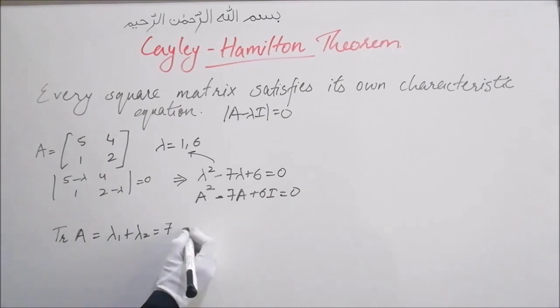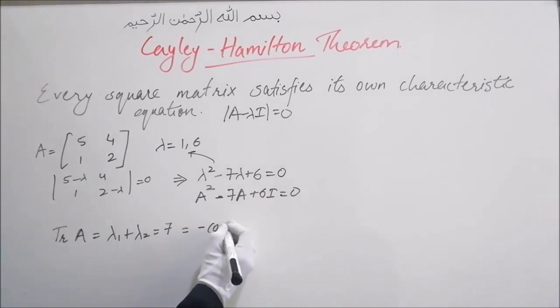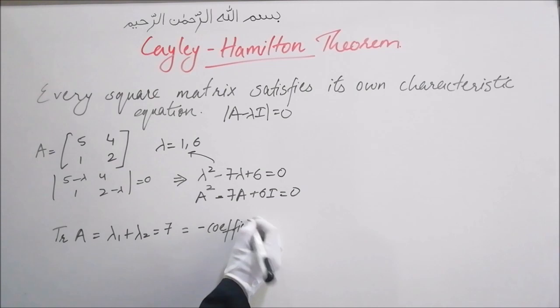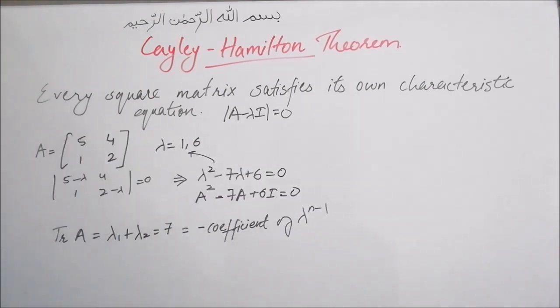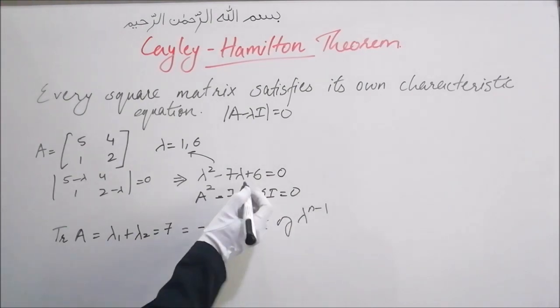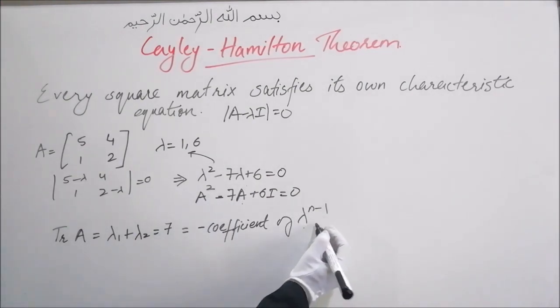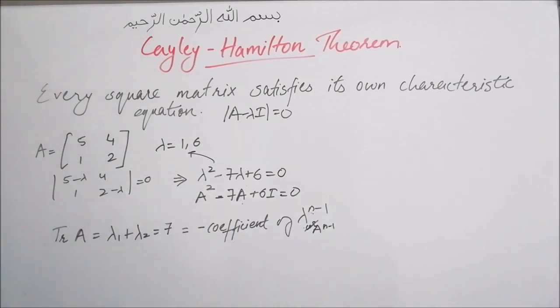So the trace of A is nothing but minus the coefficient of lambda raised to n minus 1, or instead of lambda you can write it as A raised to n minus 1, where n is the order of the matrix. Now the determinant of A is nothing but the product of the eigenvalues, right?